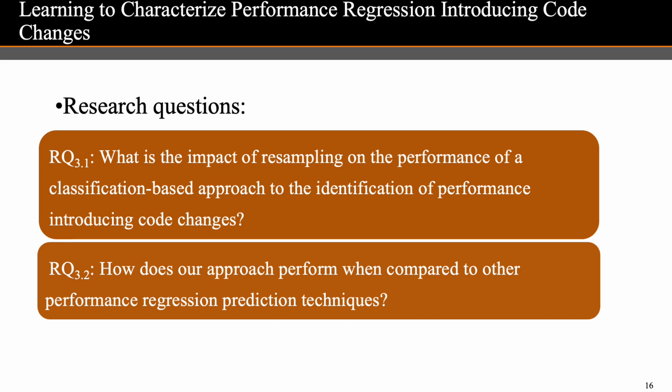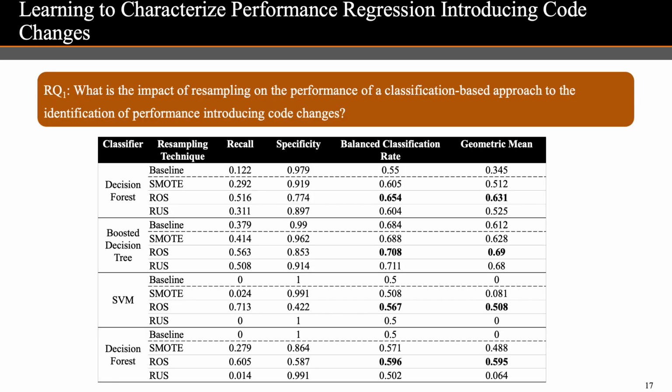Answering the second research question is providing a look over proposed approach classification performance compared with other predictors. The experiments are conducted on the original dataset without sampling as a baseline to show the improvement of the resampling. As we can see, we have applied all resampling techniques on every classifier. The evaluation metric values represented here are the average of the 10 folds.